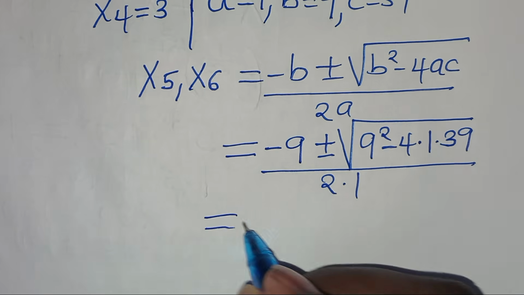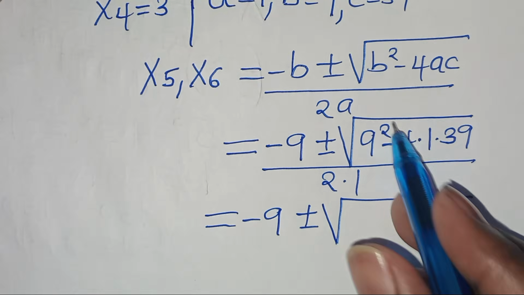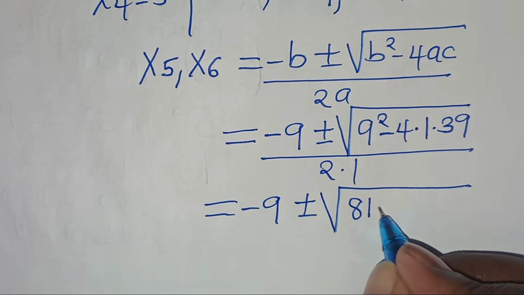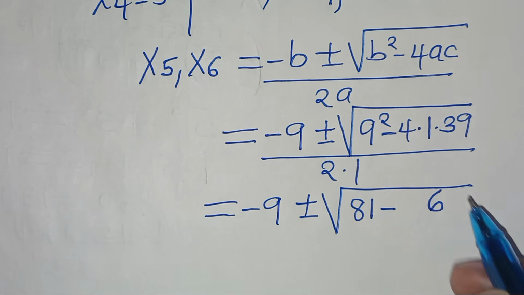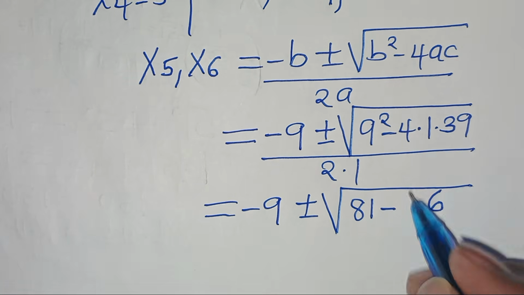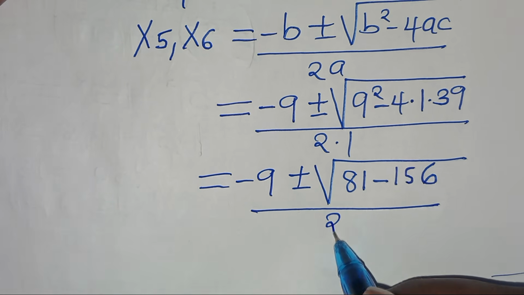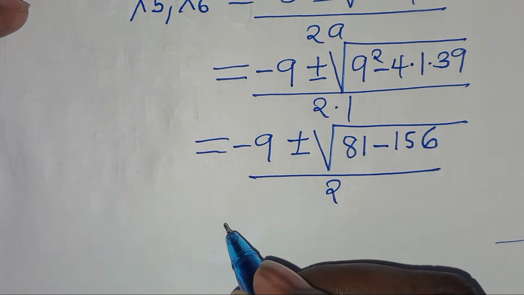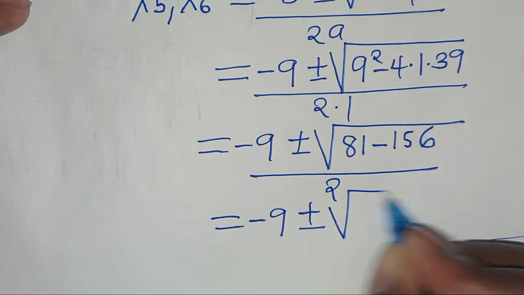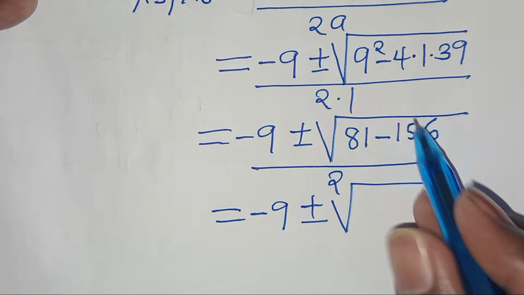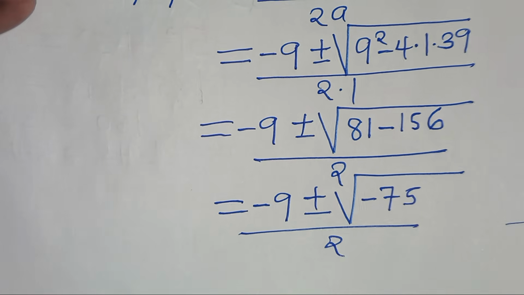So this is negative 9 plus or minus the square root of 9 squared, this is 81, minus 9 times 4, this is 36, we have 6 carry 3, then 4 times 3, this is 12 plus 3, this is 156, everything here divided by 2. So we have negative 9 plus or minus the square root of 81 minus 156, this is negative 75, divided by 2.